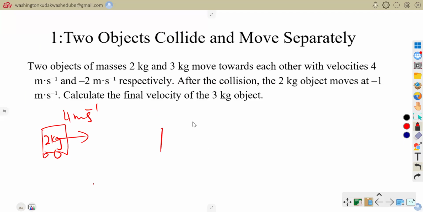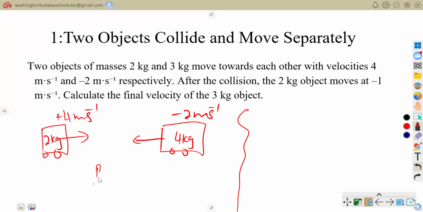And then I have another object that has a mass of 3 kg with a velocity of negative 2 meters per second. Since I have indicated that the positive direction is towards the right, this one with a negative velocity will go towards the left. And they are saying that these two objects collide. That is the scenario before.